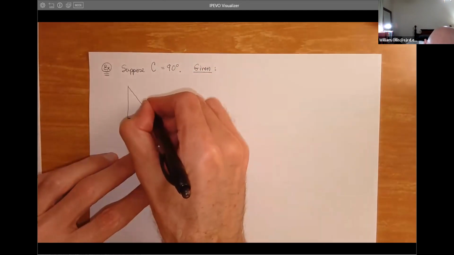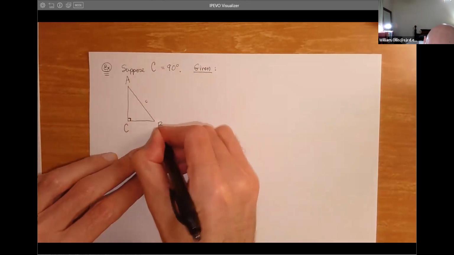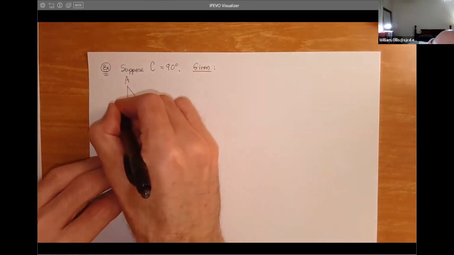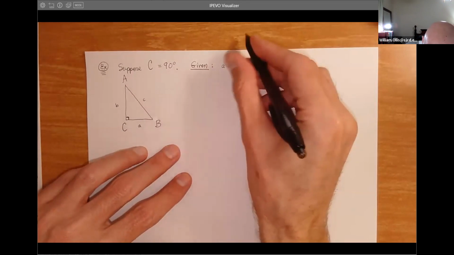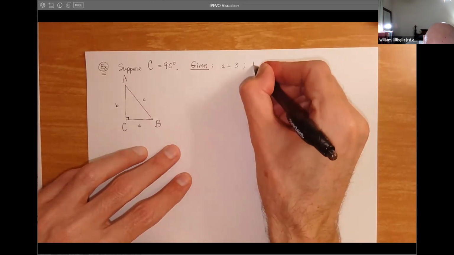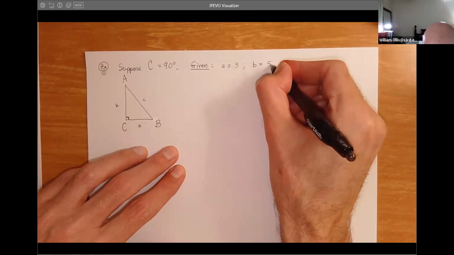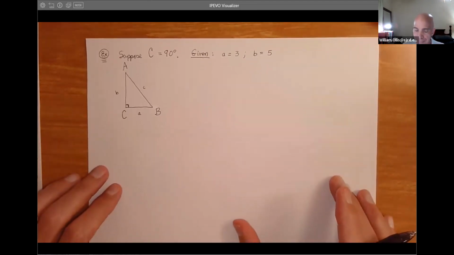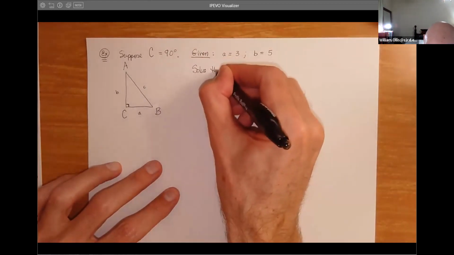So here's C, I'll put A here, and I'll put B here. And we're going to be given, so here's a, and here's b. Given a, in this case, will be 3, and b will be, I'll just say 5. So this is just a generic example. So I'll say solve the triangle.